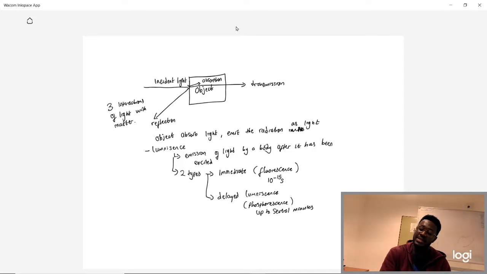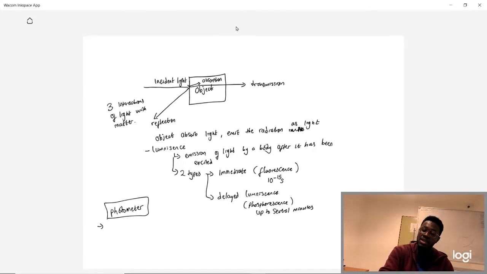Now let's go back to detection with the photometer. What does the photometer detect? Visible light.